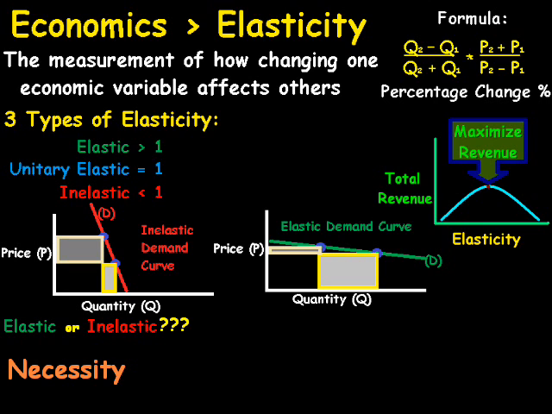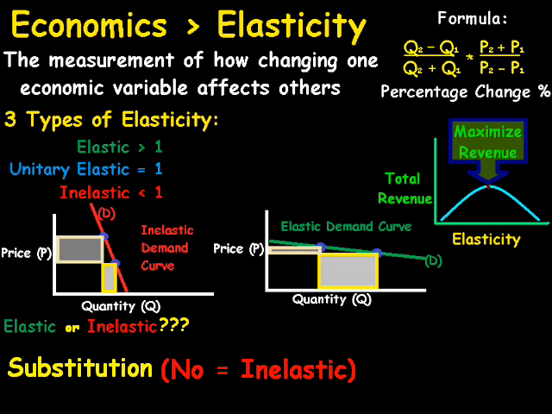If a product or service is a big necessity, the demand curve typically is inelastic, in that the consumer can't make switches. And then the final point, which we covered earlier, is substitution. If the consumer can make substitution, it's elastic, and if there's no substitution available, then the demand curve is inelastic.